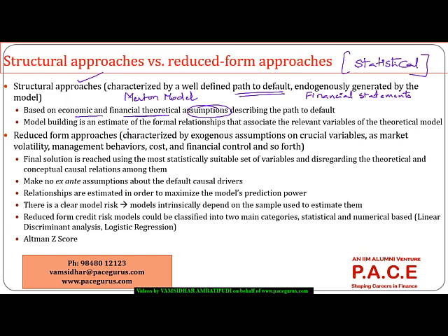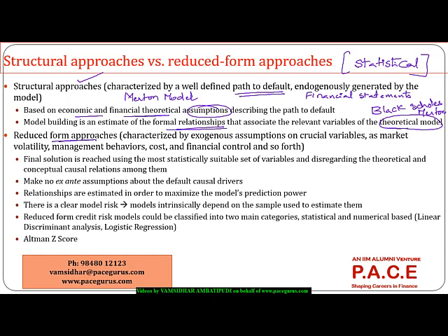We look at the various economic factors as well as the financial performance factors to finally compute the probability of default. So it's an estimate of the formal relationships based on a theoretical model. We are using the Black-Scholes-Merton model, a theoretical model based on which we assess the probability of default.